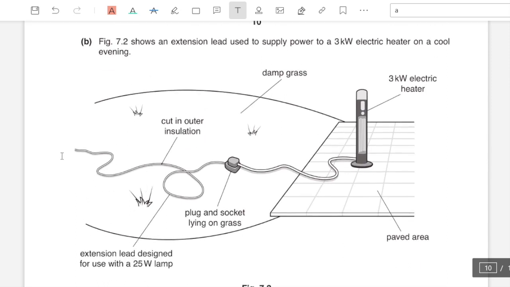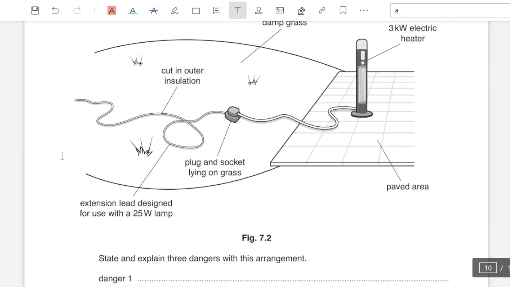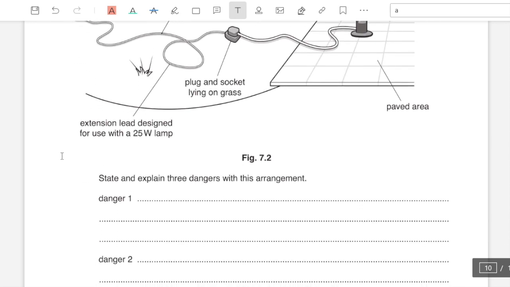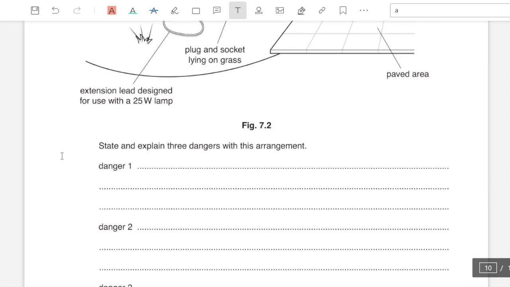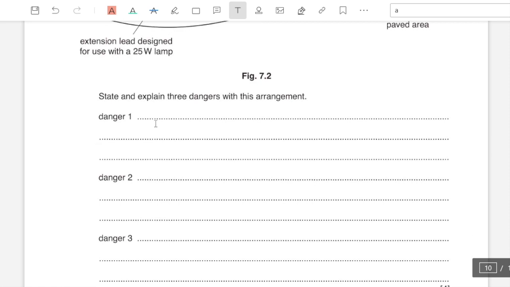B. Figure 7.2 shows an extension lead used to supply power to a 3 kilowatt electric heater on a cool evening. State and explain three dangers with this arrangement. Alright, so we have damp grass over here which can cause electrocution.